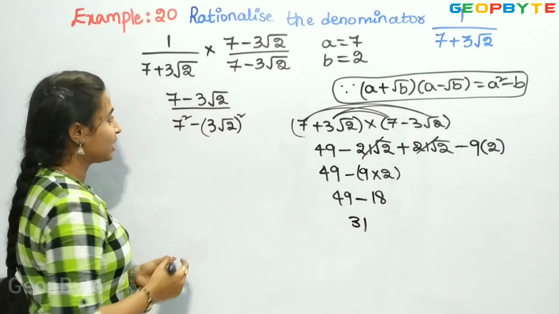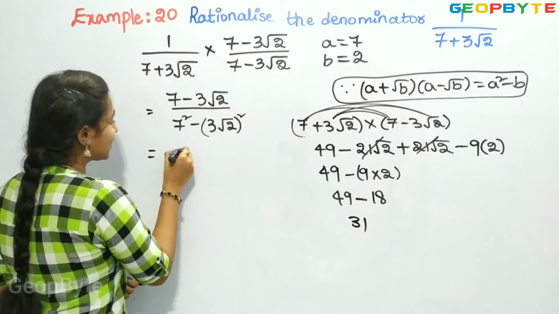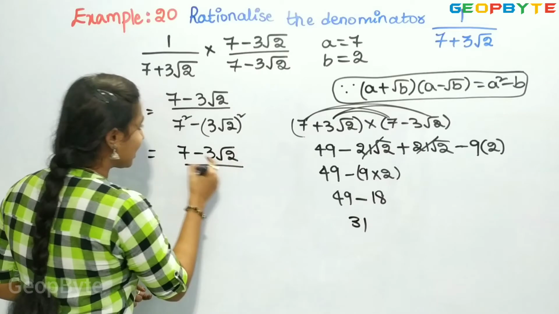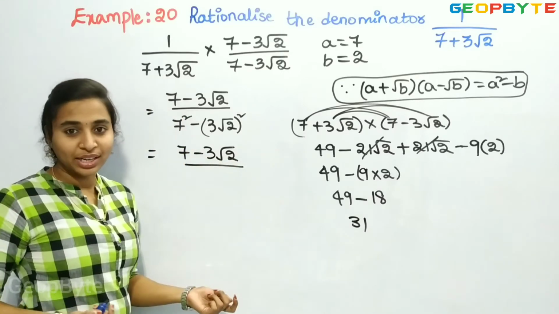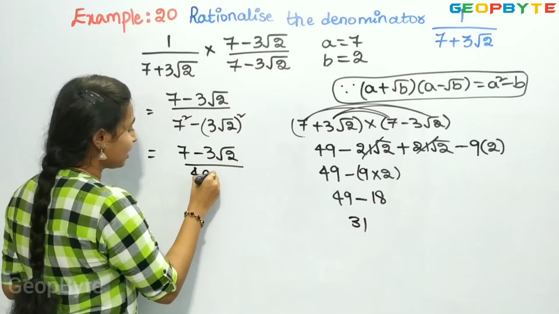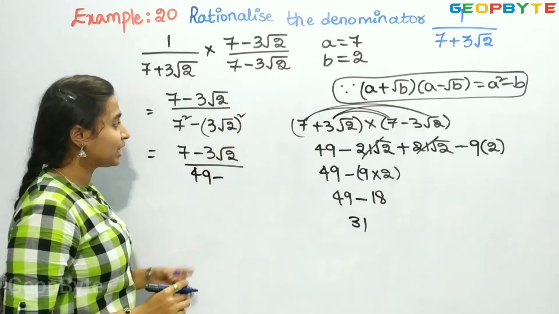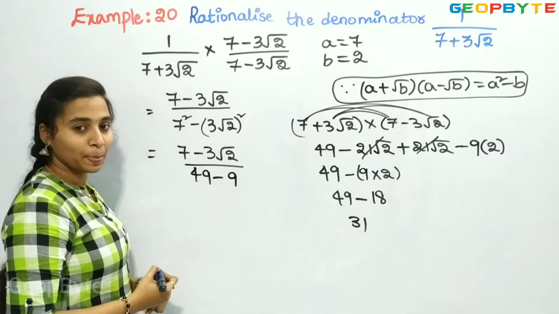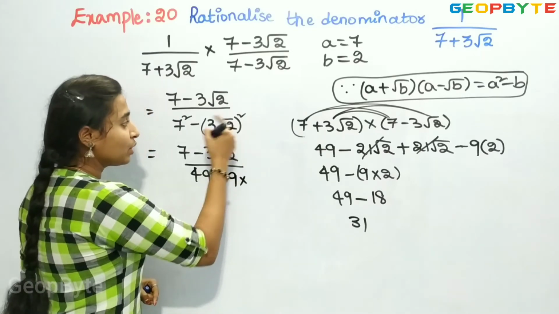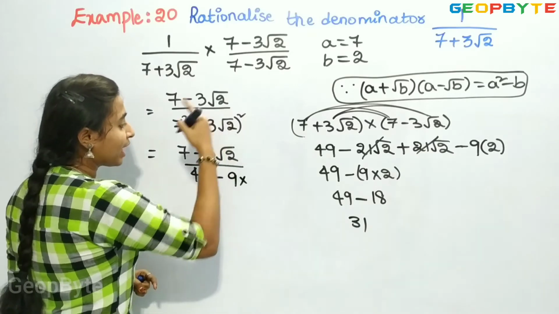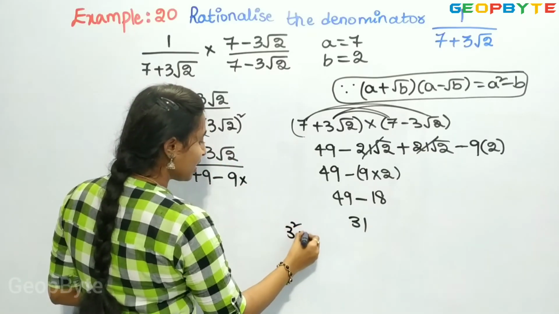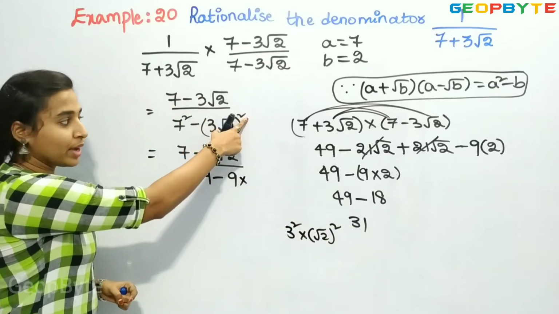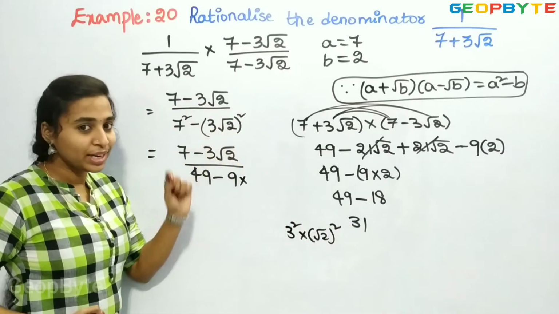If you see here, this next step is 7 minus 3 root 2 by 7 square, which is nothing but 49. 7 sevens are 49 minus, this can be written as 3 square, which is nothing but 3 threes are 9, into again root 2 whole square. We are dividing this as 3 square into root 2 whole square. As this is whole square, it applies to both numbers.